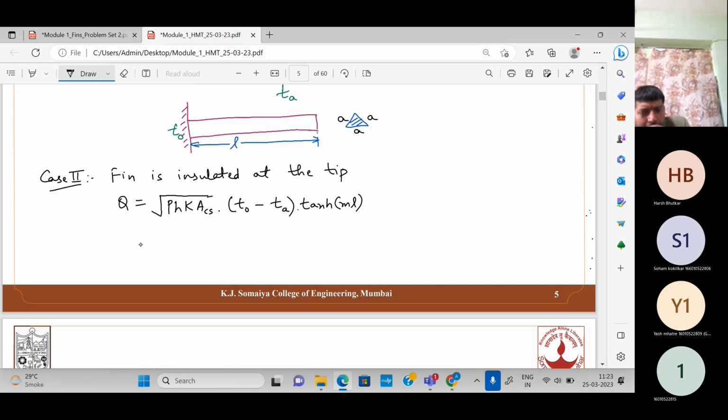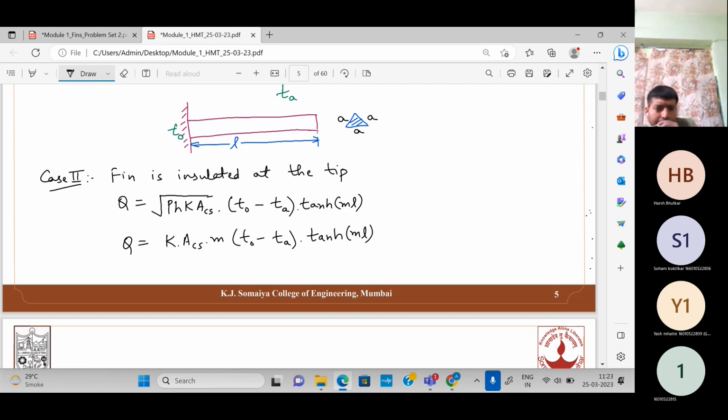Then the formula can be like this: Q is equal to kA m into T naught minus T infinity into tanh mL.